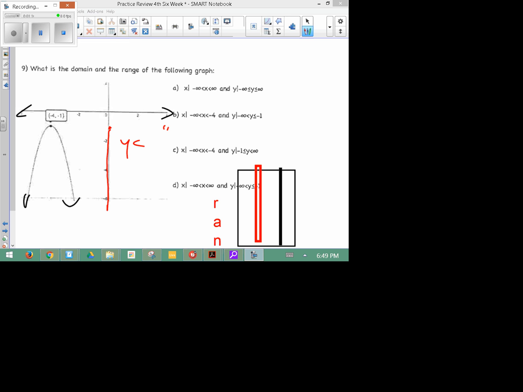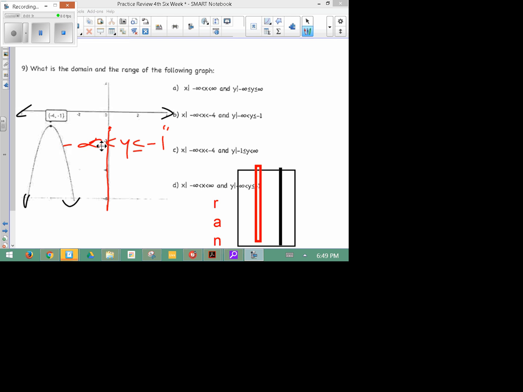So y is less than or equal to negative 1. In the notation they're using on this problem, y is between negative infinity and negative 1. It's the same thing as y less than or equal to negative 1. Anyway, that's what you're looking for.